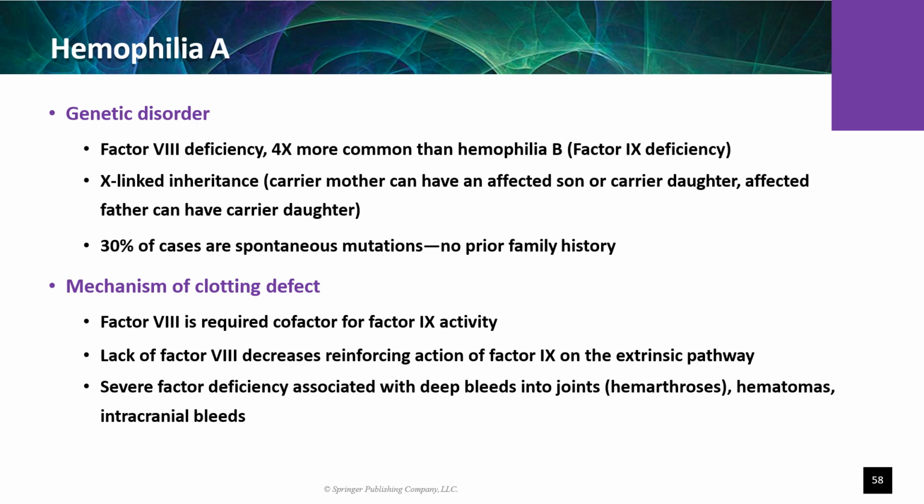Factor VIII is produced in the liver and in the reticuloendothelial cells throughout the circulation. In families with a history of the disorder, factor VIII deficiency has an X-linked inheritance pattern in which all the sons of an affected father are unaffected and all the daughters are carriers.